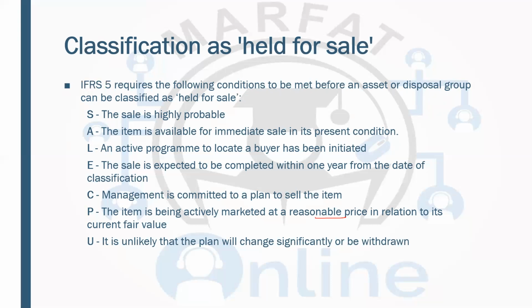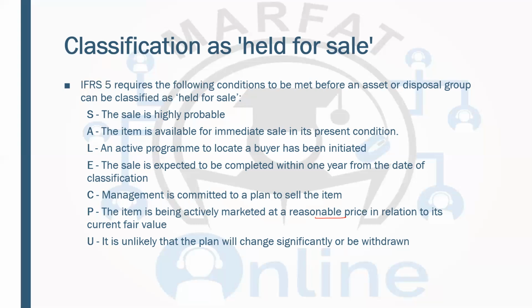So there can be manipulation by the entity. At the start of the year, they classify their assets as held for sale and move those assets from non-current assets to current assets. It shows that now the liquidity has improved. And once the year has passed, by the end of the year, they say, no, we have changed our plan, now we will not be selling these assets.